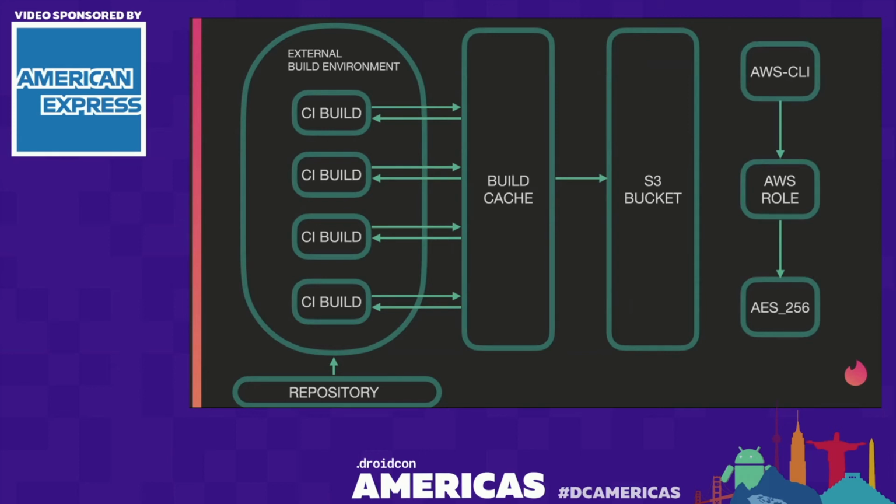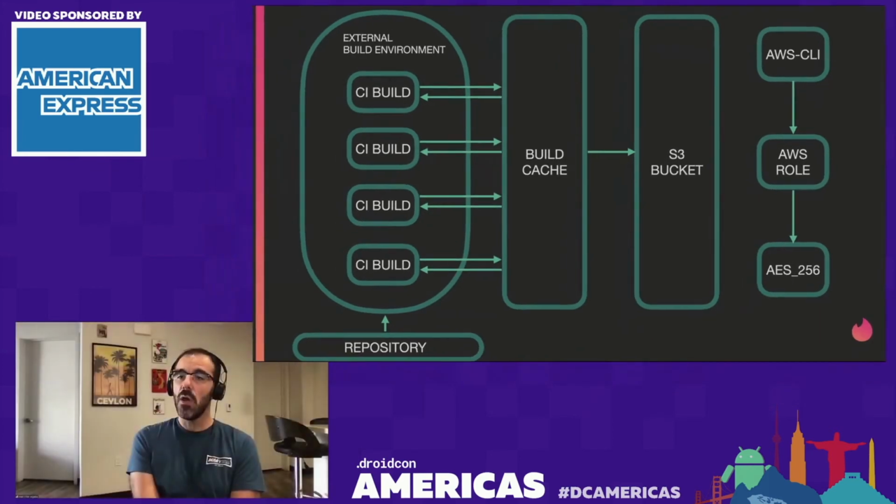For example, we were using assumed roles, and we were using encryption for our items in the remote cache. And something as simple as this sped up our build system a lot.